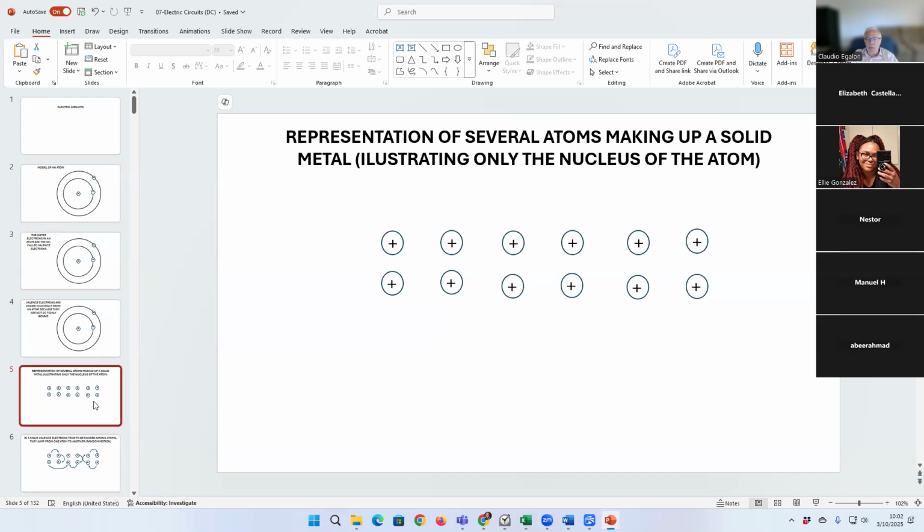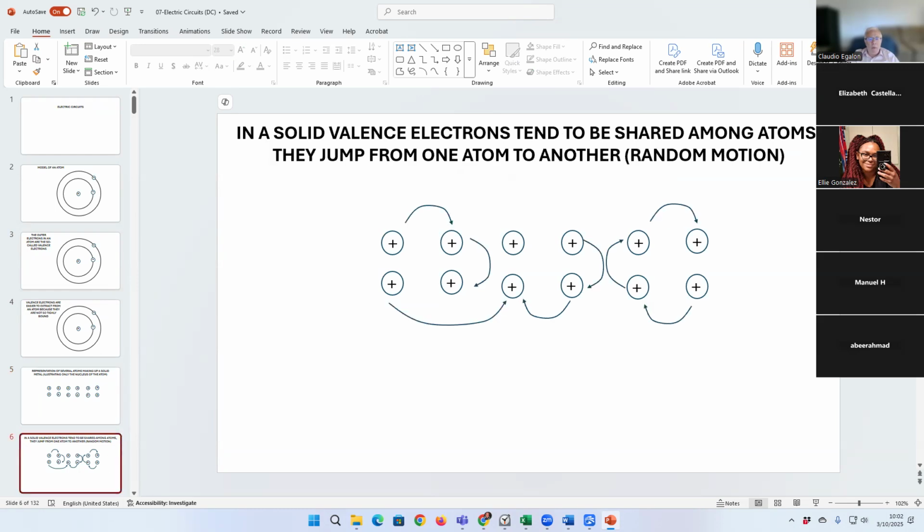However, things start to change when we put atoms very close to each other. Those valence electrons move rather easily from one atom to another, in a random fashion. In a solid, valence electrons tend to be shared among atoms.